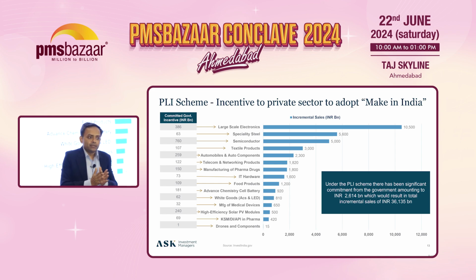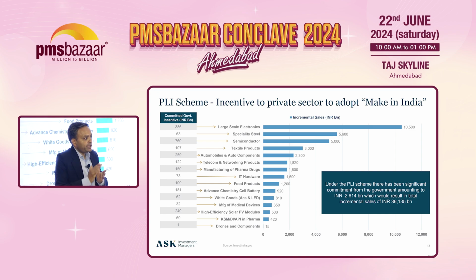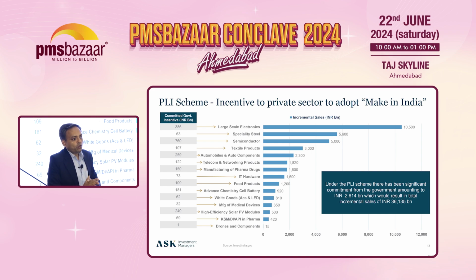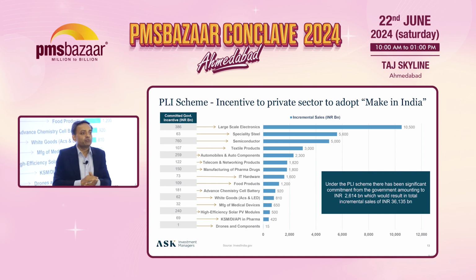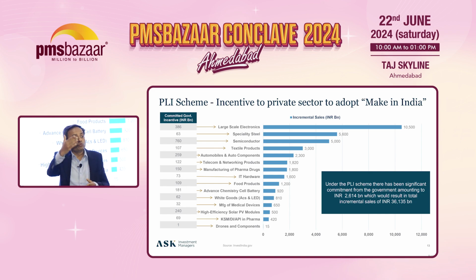So Apple in 2017 manufactured in India 0% of its global production. Today, they are manufacturing 12% of their global production in India. Their initial target was 5%, and now the target is 25% by FY27, and perhaps it is going to go up to 50%.